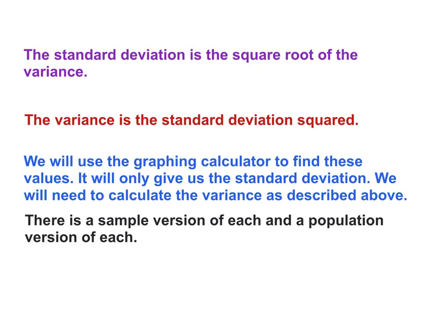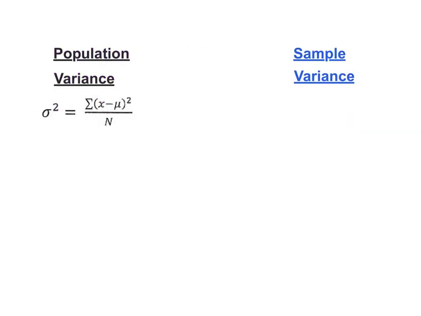And there's different symbolism. And I'm going to show you those. I'm going to show you the formulas just so you can see them and kind of where they're derived from. And then I'll show you how to use your calculator to find them. Now, so this is a population variance, okay? So there's a lot going on here.